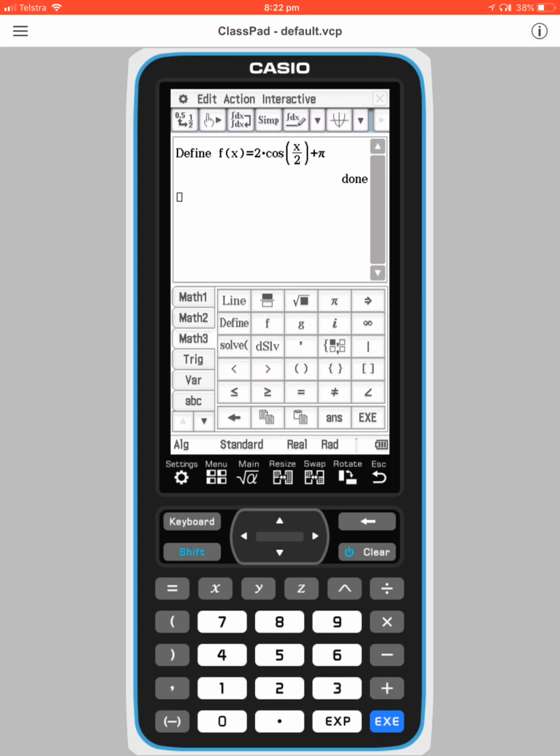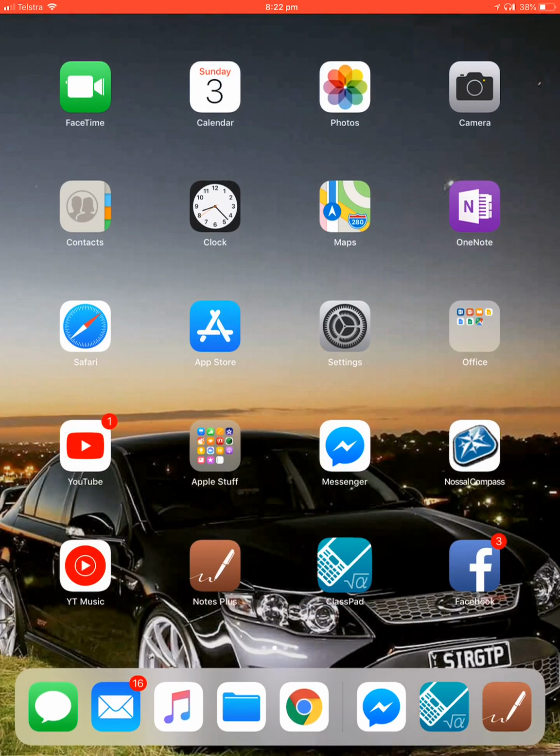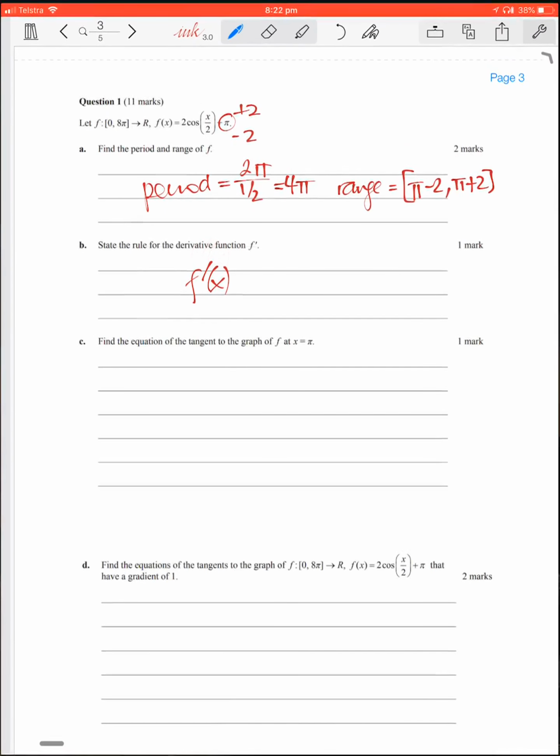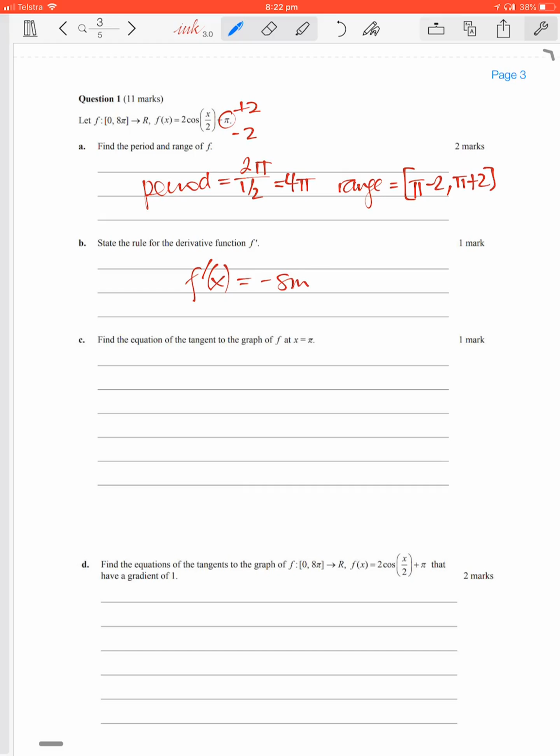If I want to find the derivative, just to check and make sure I haven't stuffed anything up, d dx of f of x. It's going to come in handy, I'm sure, later. Okay, so negative sine (x on 2). Of course, we know pi, when we derive it, becomes nothing. To derive cos, it's negative sine, and we've got to bring the coefficient of x out to the front and multiply it. So a half of 2 is negative 1.